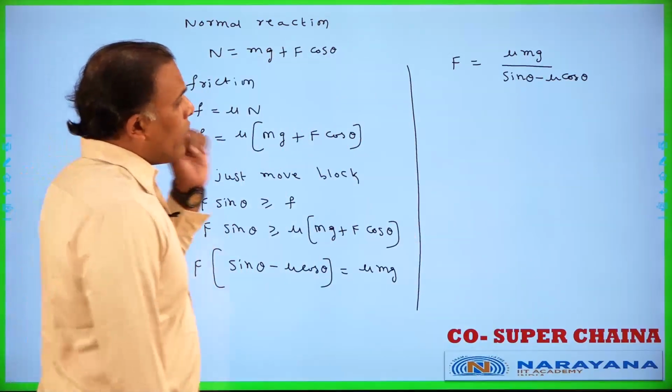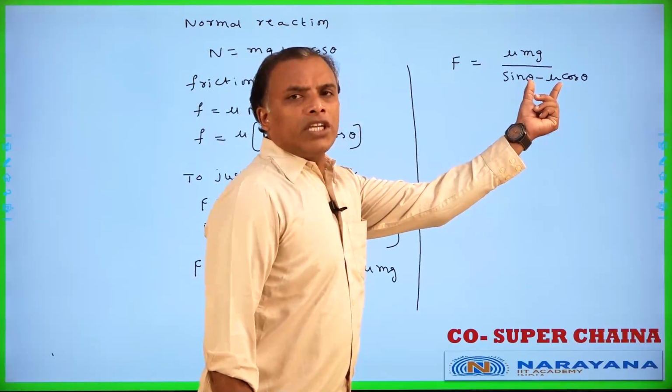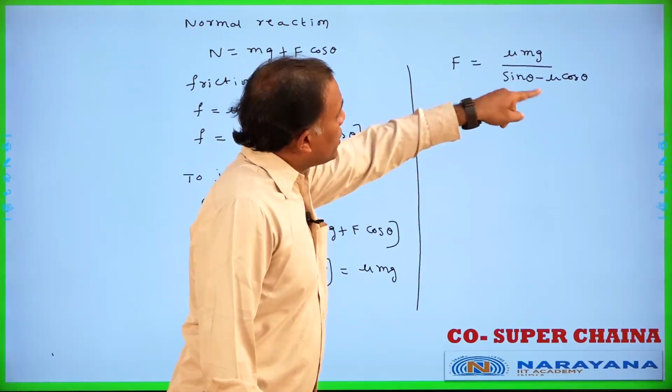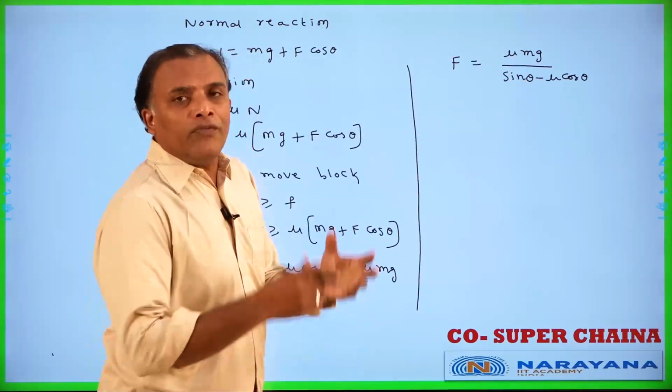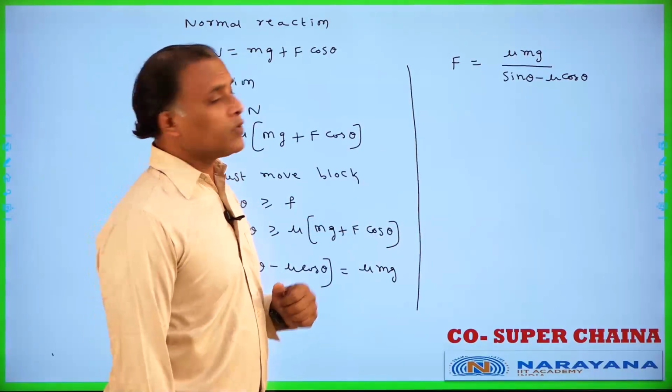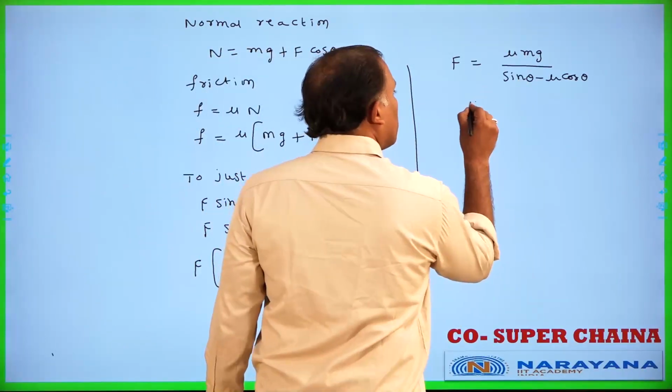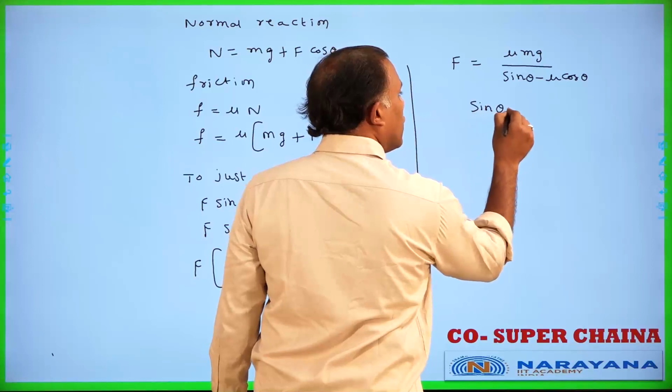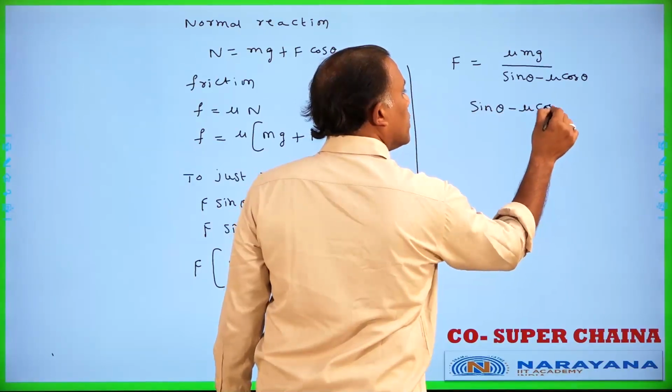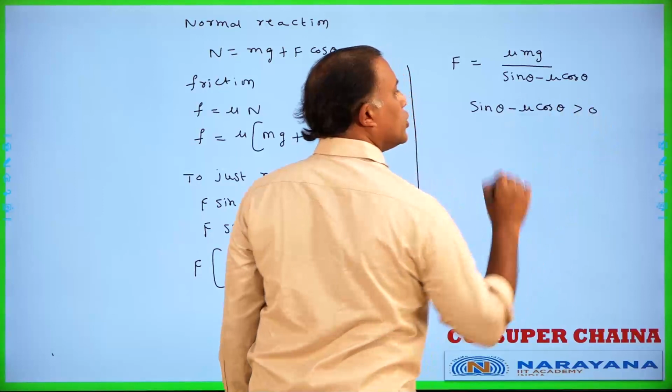Now, if sin theta minus mu cos theta is equal to 0, that means the force will be infinity, and applying infinite force is impossible. So sin theta minus mu cos theta must be greater than 0. It should never be 0.